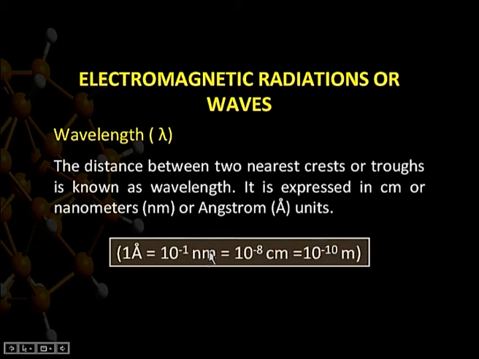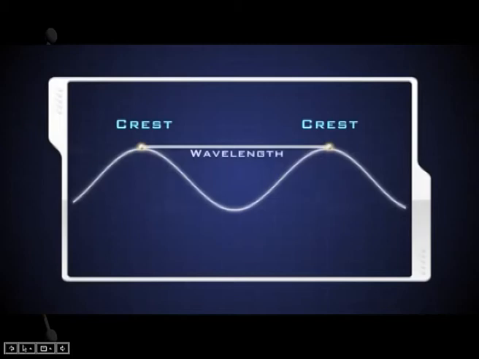The equation can be written like this: 1 angstrom is equal to 10^-1 nanometer, equivalent to 10^-8 centimeter, or equivalent to 10^-10 meter. This is the wave, which can be shown like this: it is the crest of the wave, it is the trough of the wave, and the distance between the two is denoted by lambda.